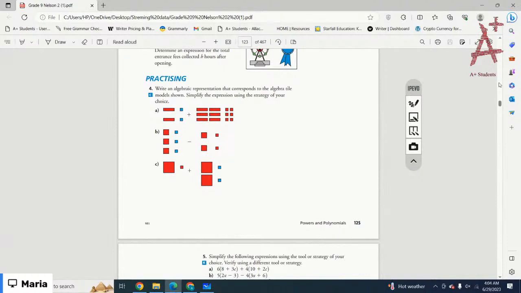So just look at part A. You have 2 red tiles and 2 blue, then you have 6 red tiles and 4 red tiles.